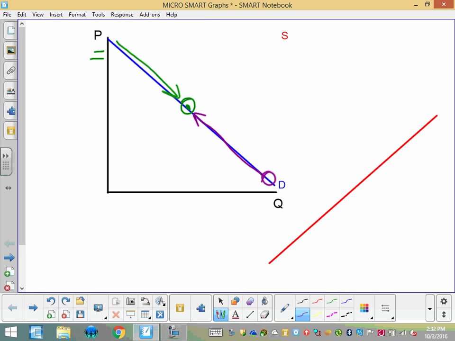That all happens until we get to our special point here, which is unit elastic. That means a 15% change in price will cause what kind of change in quantity demanded? Of 15%. And that's where total revenues are maximized. So that's your little question on elasticity. Let's go ahead and give you guys a question here.